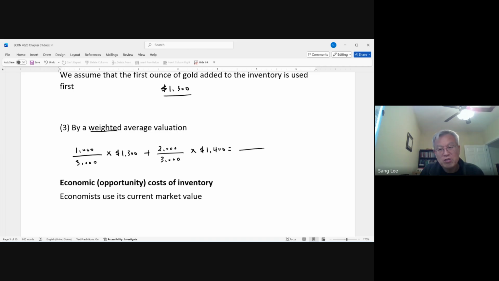So if you calculate it, with the same denominator, 1,000 times $1,300 plus 2,000 ounces times $1,400, using the calculator, divided by 3,000.